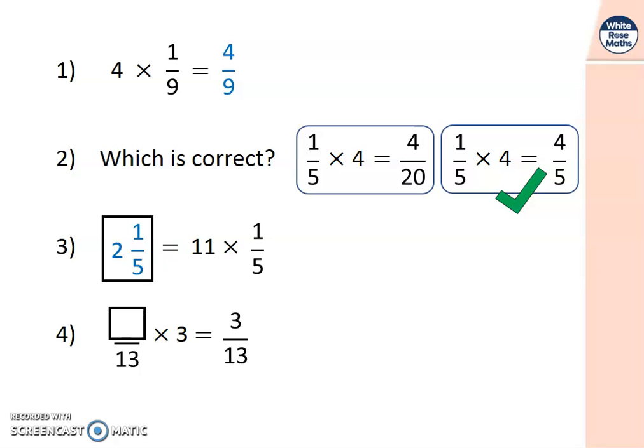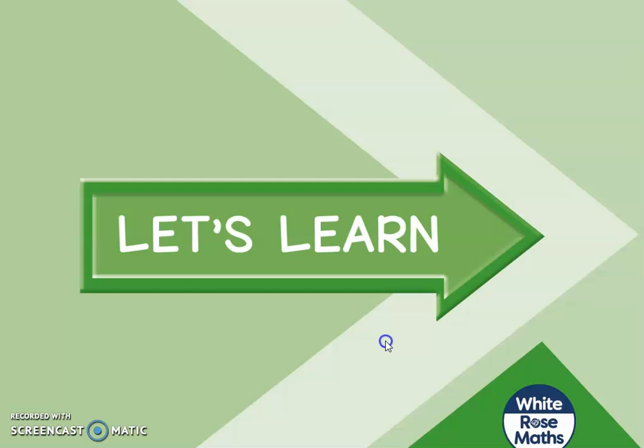It would be 2 wholes, because 2 wholes would be 10/5, and 1 more fifth to get up to 11/5. So it's 2 and 1/5. Next, a missing number times 3 is 3/13. What times 3 is 3? It's 1. Well done. Let's move on.